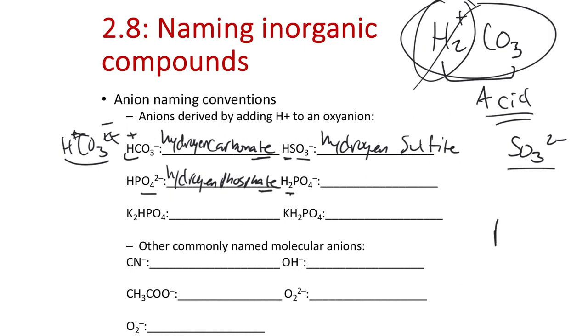So if you have PO4 3 minus for phosphate, you can imagine adding an H plus, which kicks the charge down to 2 minus, and then you can imagine adding a second H plus, kicking this charge down to minus, and still having a negative charge. So we still name an anion like it's an anion. So if you add a second hydrogen to phosphate, that would be dihydrogen phosphate.